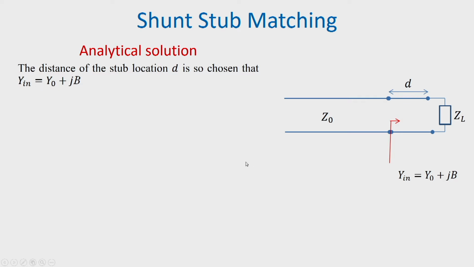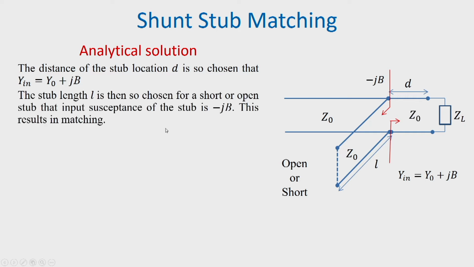Now, once we do that, next we put a stub of length L, and it may be an open or a short stub, and the length L is selected in such a way that if we look from this point into the stub, we get minus jB.